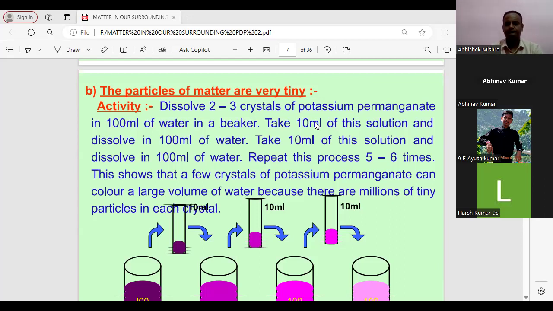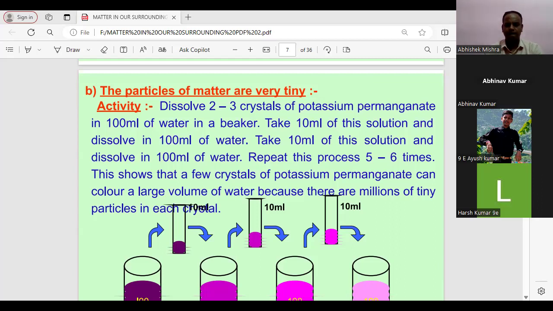This activity shows that particles of matter have space between them and that the particles of matter attract each other. In this activity, we can see that when we put 2 to 3 crystals of potassium permanganate in 100 ml of water in a beaker, the particles of potassium permanganate get mixed up with the particles of water.